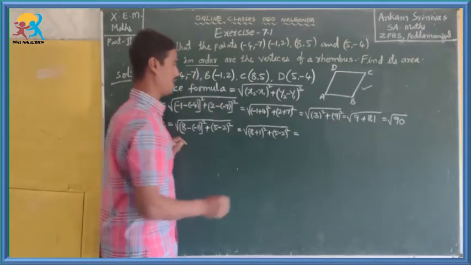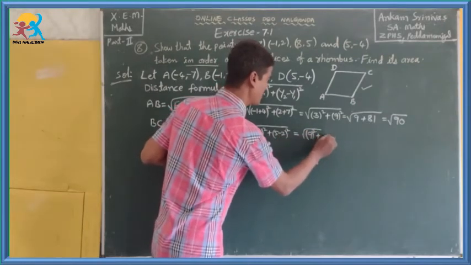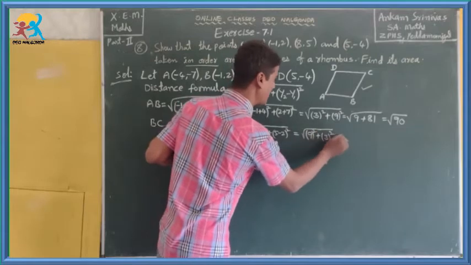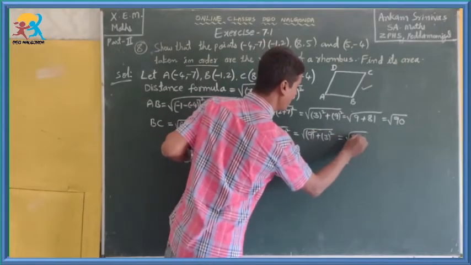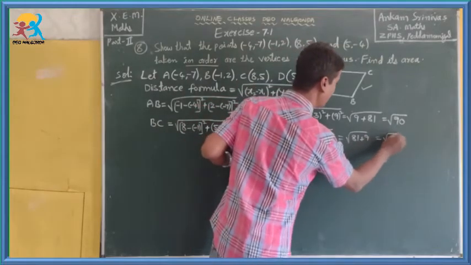Now 8 plus 1 is 9, 9 square plus 3 square. How much is 9 square? 81. 3 square, how much? 9. How much will we get? 90.